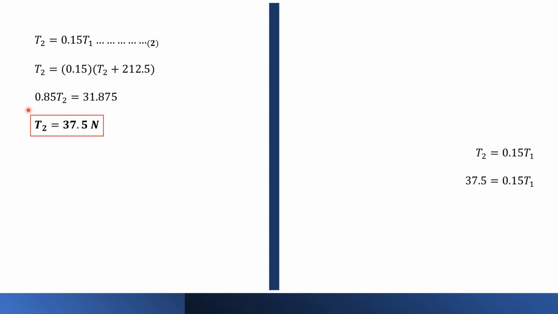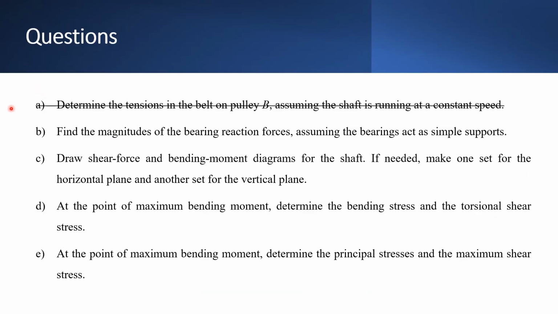After that, we substitute the T2 value back into the equation, which is 37.5 is equal to 0.15 T1, and finally we get the value for T1. And we are done with part A.